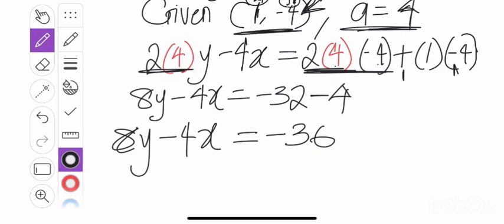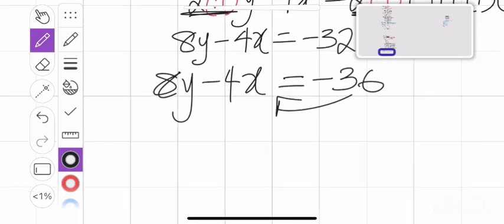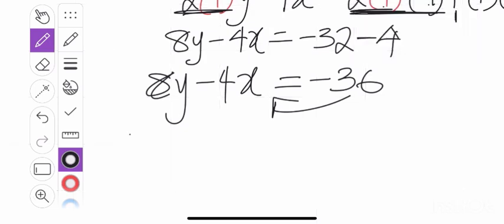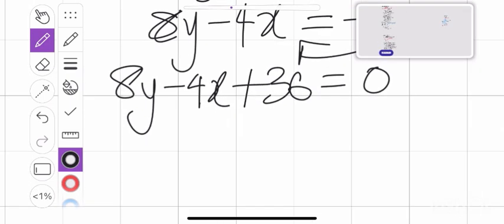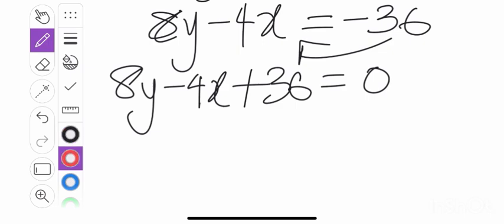Now bring the negative 36 to the other side. It's going to become positive 36. So this is going to be 8y minus 4x plus 36 equal 0, because there's nothing on the right hand side again. Now you notice there's a distinctive figure among these three terms here. They're all divisible by 4.